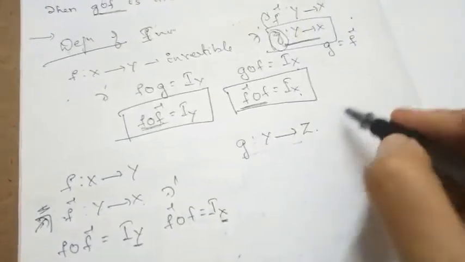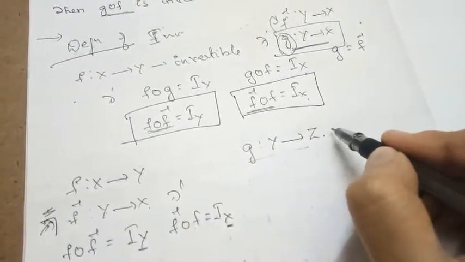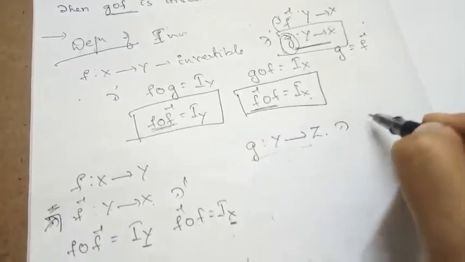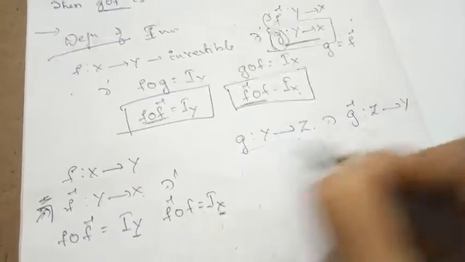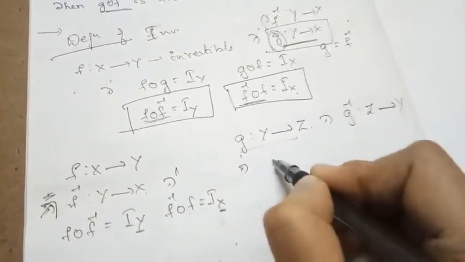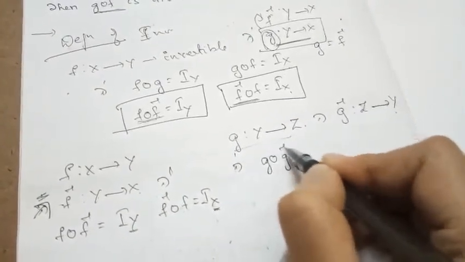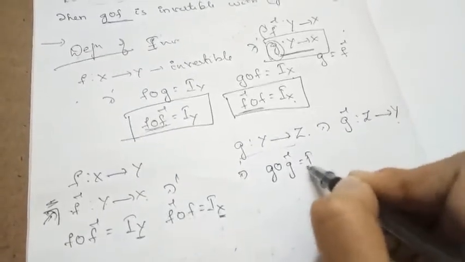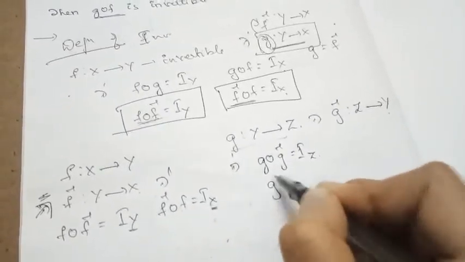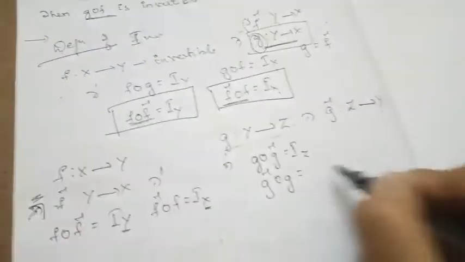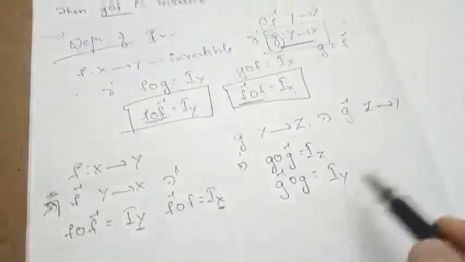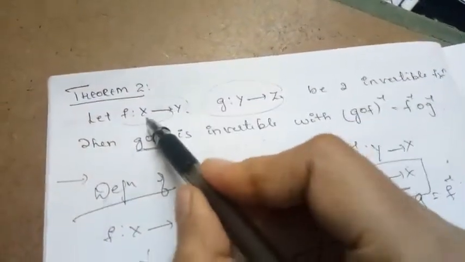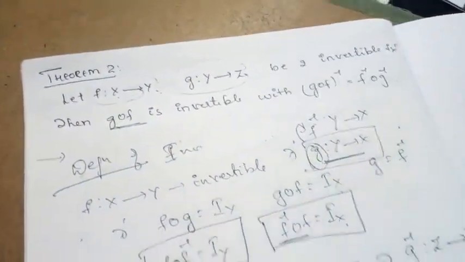Similarly, g from Y to Z is an invertible function means there exists a function g inverse from Z to Y such that g of g inverse is equal to I_Z and g inverse of g is equal to I_Y. So this is what the definition is saying: f and g are two invertible functions.